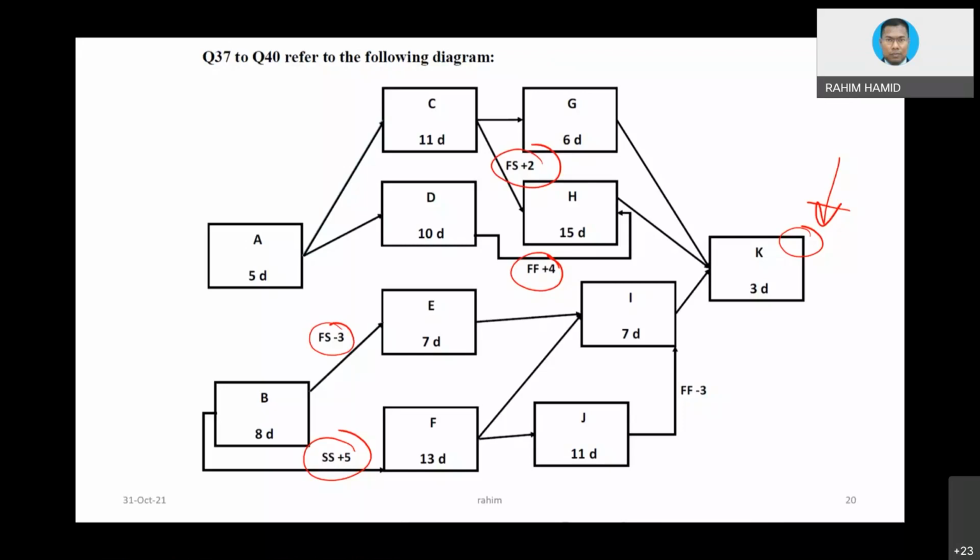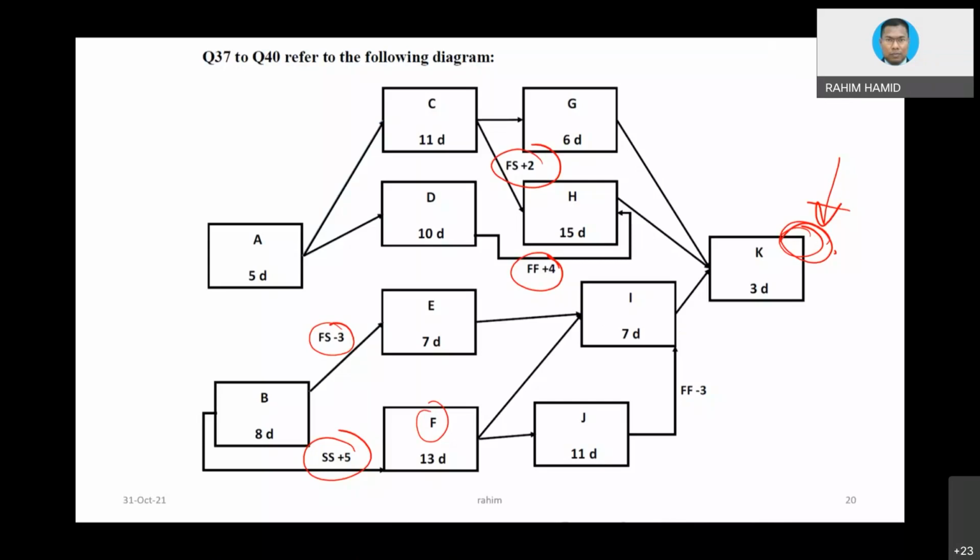Let's say activity F experiences a delay of 2 days. We want to know the impact with regard to the project completion date, or even with respect to the subsequent activities. If you understand the concept of total float and free float, then you can get the answer very quickly. You don't have to redo the whole drawing.